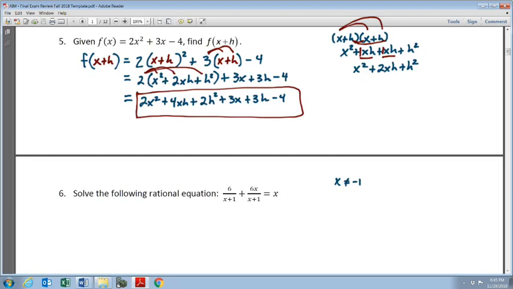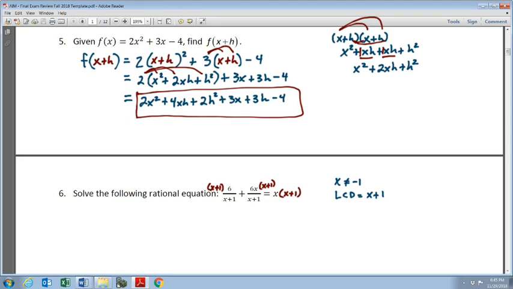Now, to solve a rational equation, we start by clearing the fractions. And so we're going to want to multiply by our LCD, which is x plus 1. We only have one denominator here. So let's multiply each of the terms by x plus 1. We're basically multiplying both sides of the equation by x plus 1. And when we do that, we have to distribute on the left side.